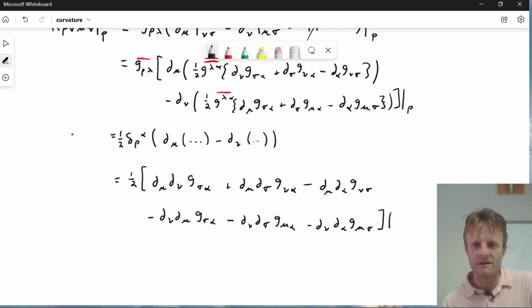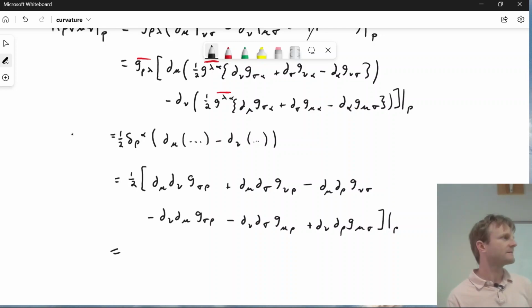Shouldn't all the alphas be rho, symmetric? They sure should. Excellent. Hopefully that's it for the corrections. And then we should see some cancellations.